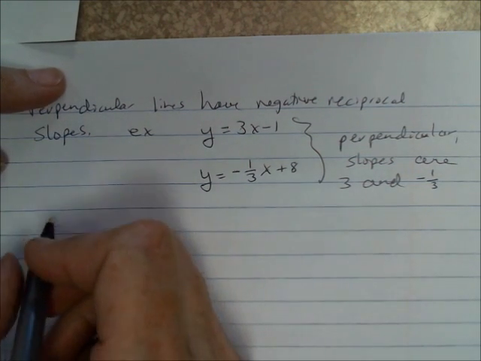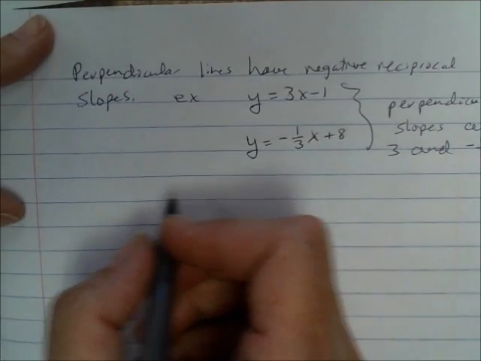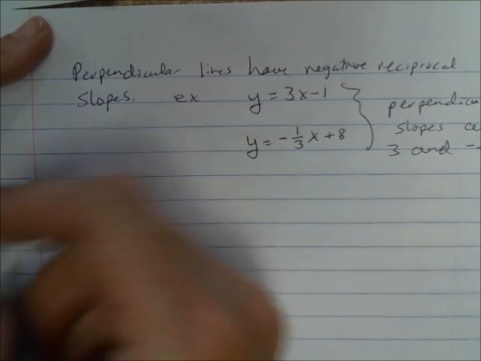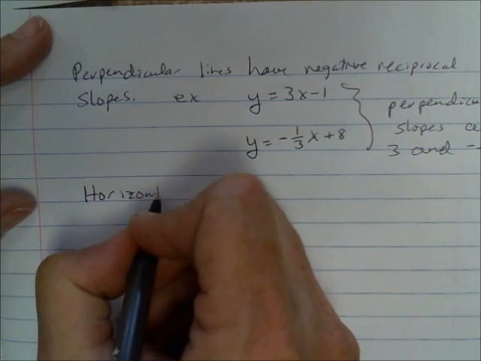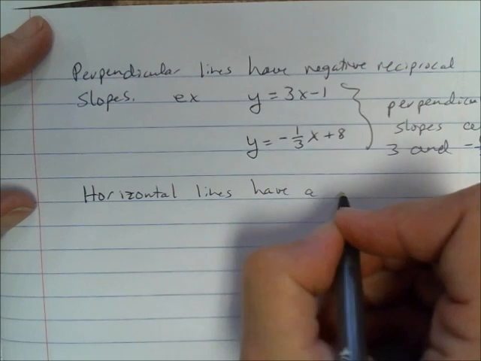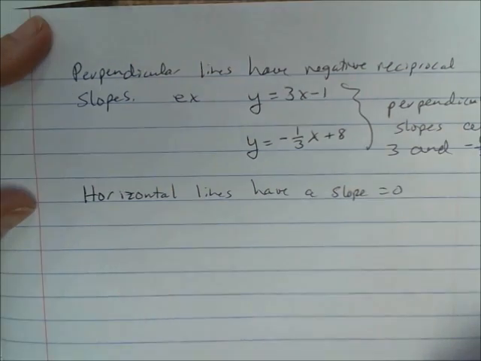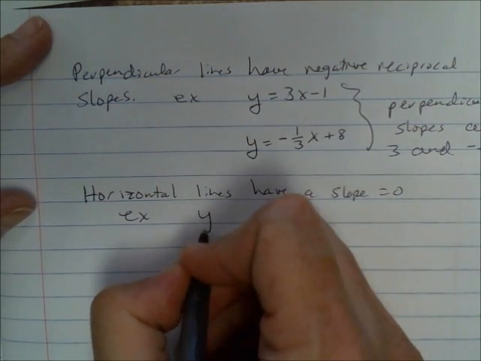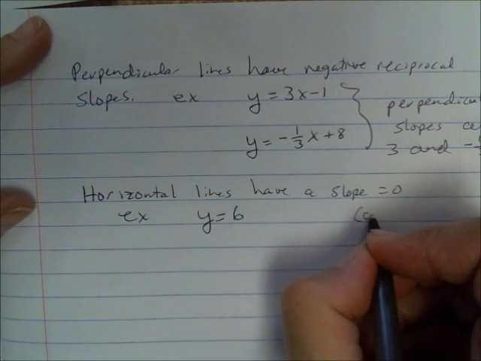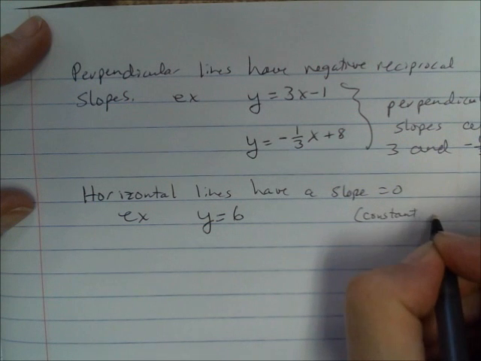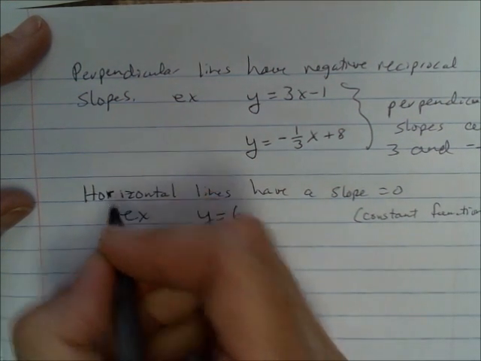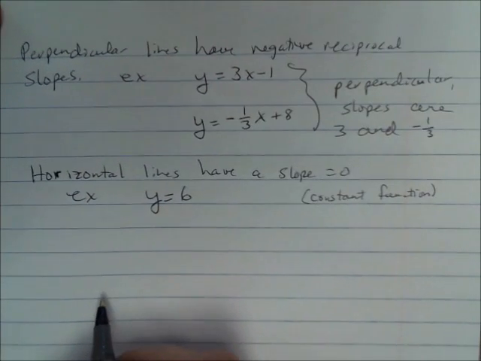And then a couple other notes about lines. That is horizontal lines. I think we already said it on the other page. Horizontal lines have a slope equal to 0. For example, y is equal to 6. That's another word for a constant function. A horizontal line is another way to graph a constant function.